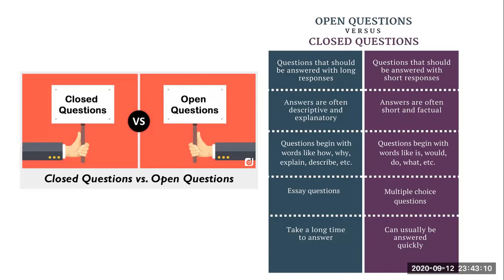While closed questions here on the right are questions that begin with words like is or are, would, do, what, like what are the colors of the Ecuadorian flag. It starts with W, but the answer is short and factual. What else? Will, etc. So basically they start with auxiliaries or with the verb to be. So obviously the answers are going to be yes or no.